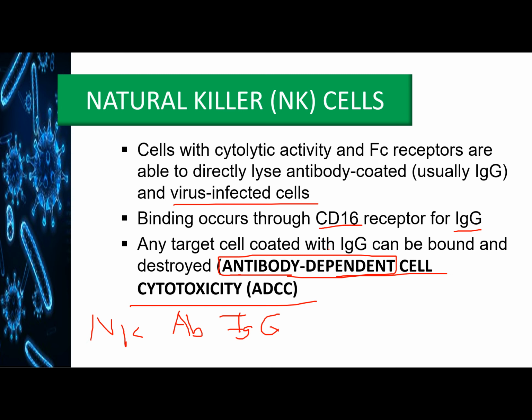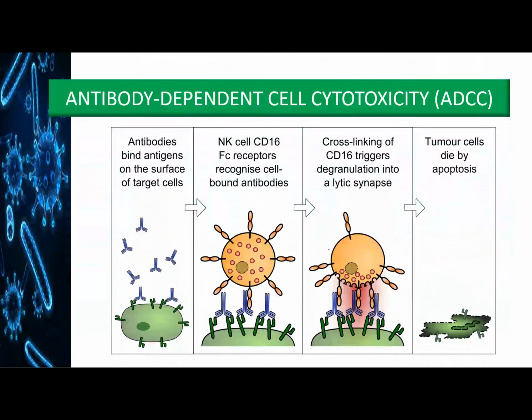From the words antibody-dependent, they would require the antibody to destroy it. So, ang mangyayari dyan, class, it would attach class to the CD16 receptor ng IgG nyo. So, for you to understand that, dito tayo sa second slide. Okay. Ito yung ADCC na sinasabi.